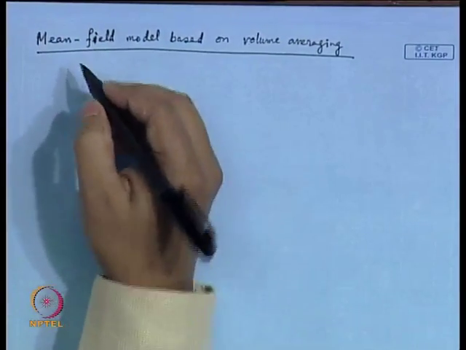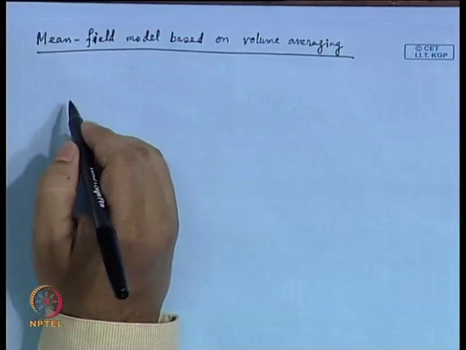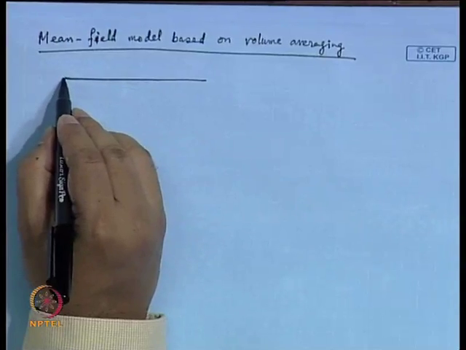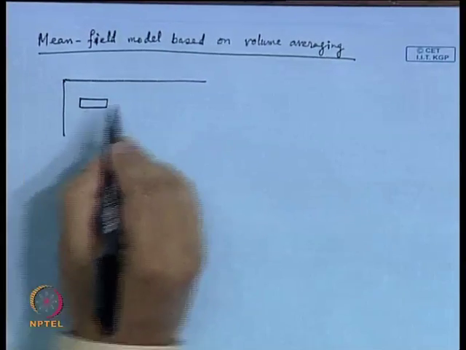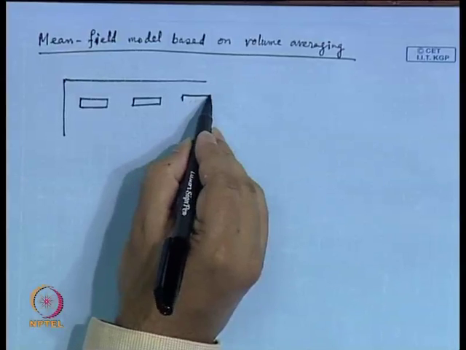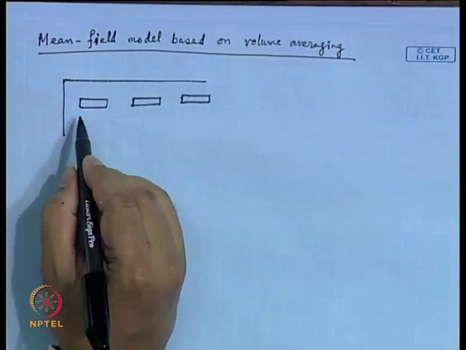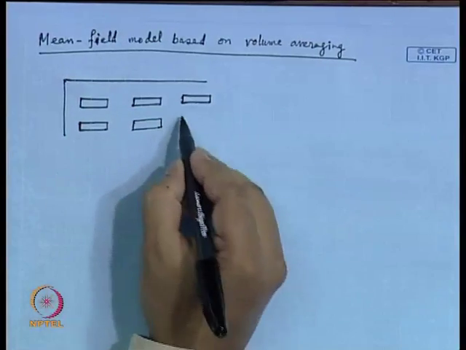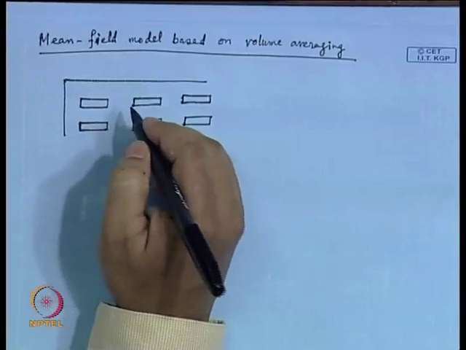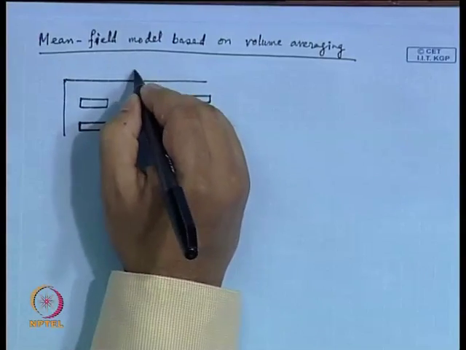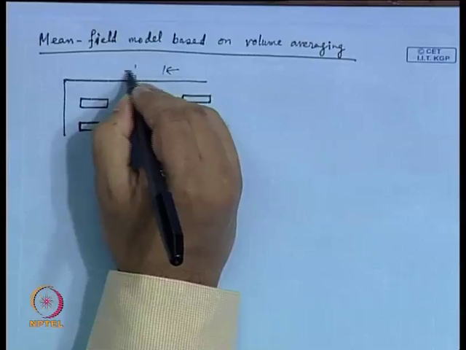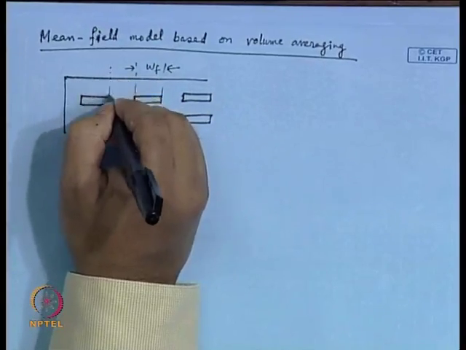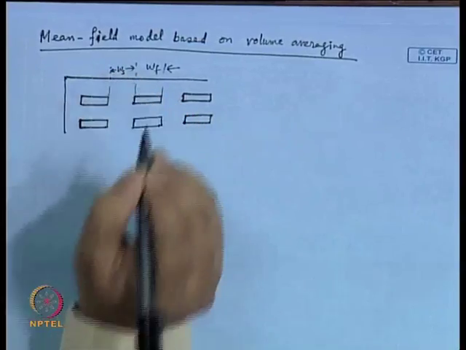What you do here is, if you have this distance as W f and this distance as W s.